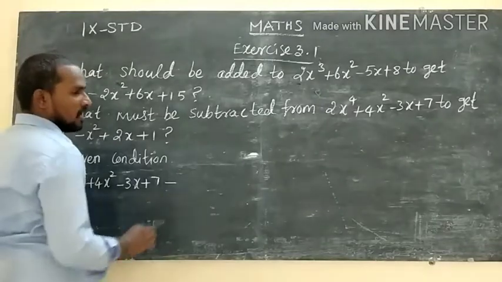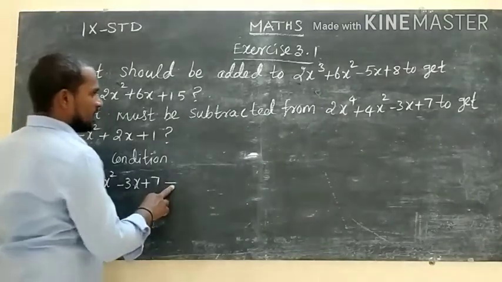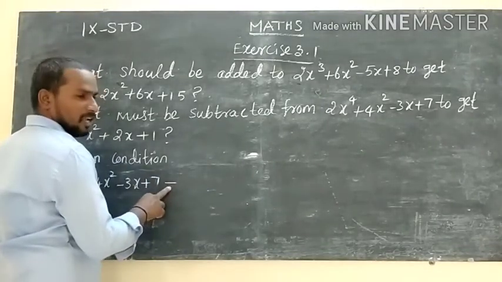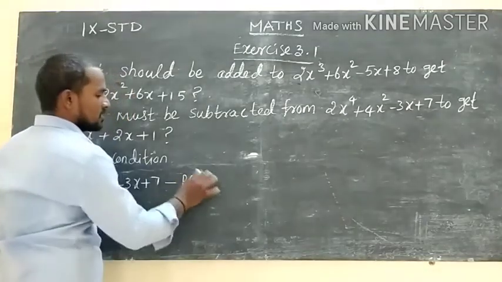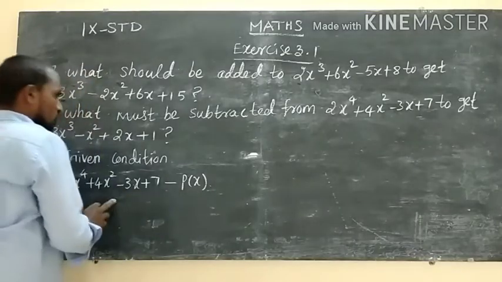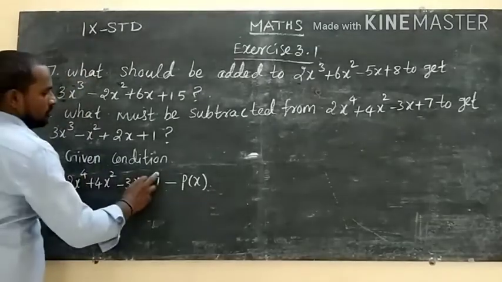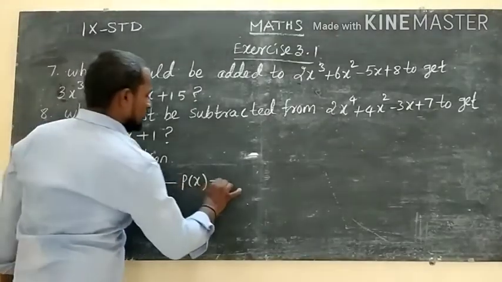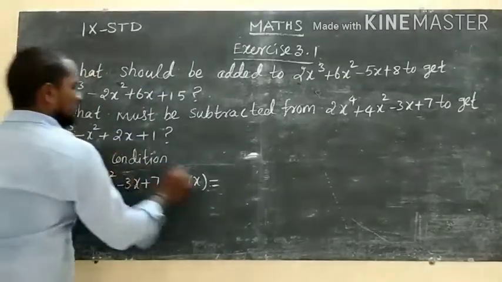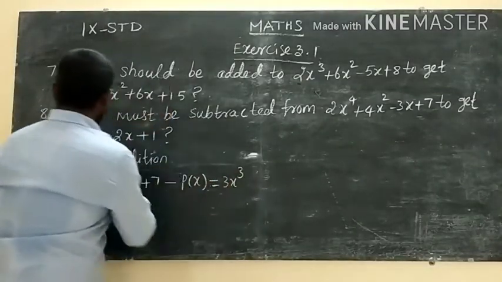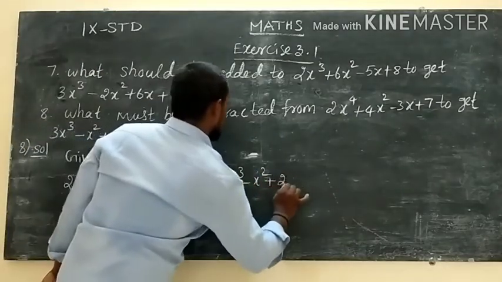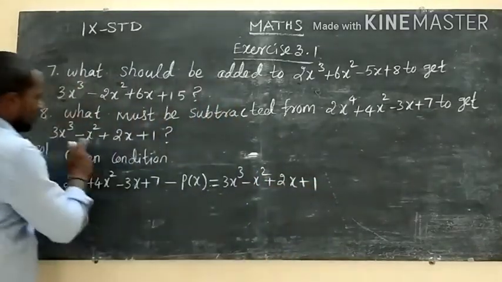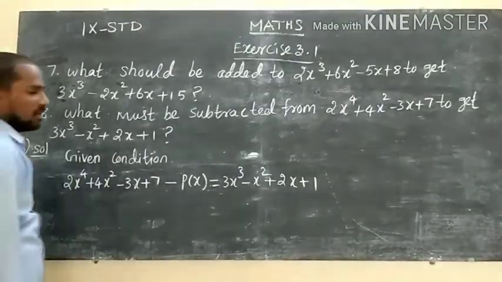Our assumption is that p of x is the required polynomial, and subtraction means making the minus sign, so minus p of x. Subtracting p of x from this polynomial, we get 3x cube minus x square plus 2x plus 1. Okay, this is the resultant polynomial.